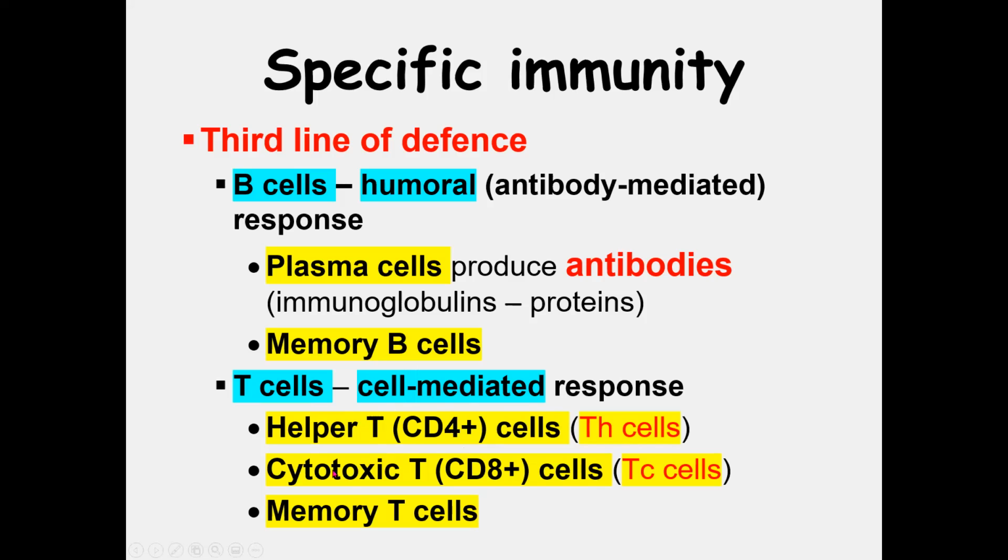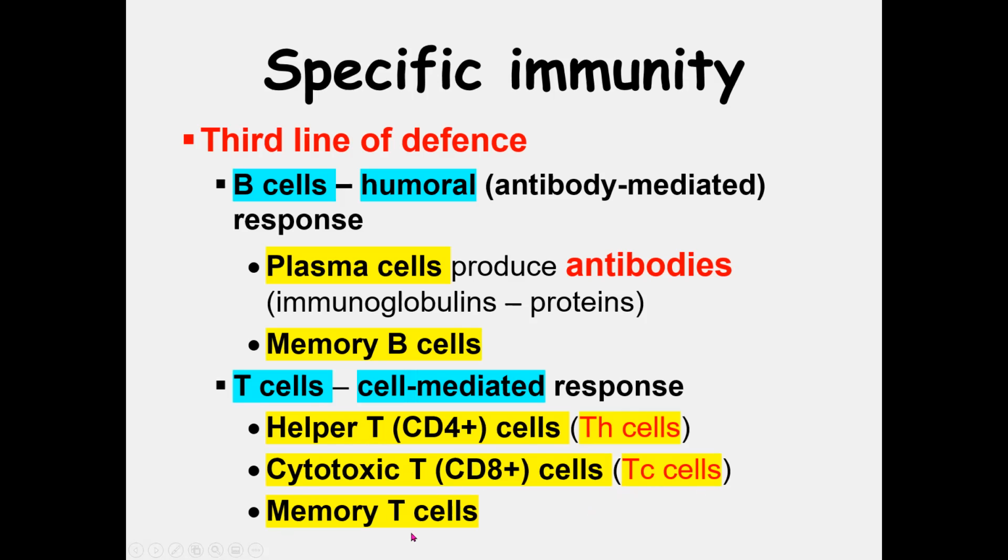Now, the helper T cells, I'll put these in case you're doing some more research for yourself. They're called CD4+. I will not go there, it's just too complex. They're also called TH cells, T helper cells. Cytotoxic, the CD8s, and the TC cells.